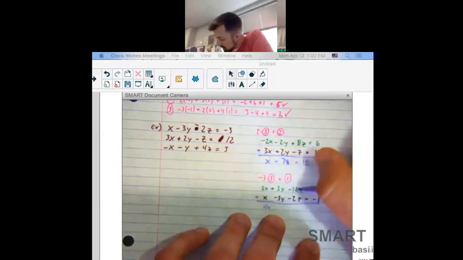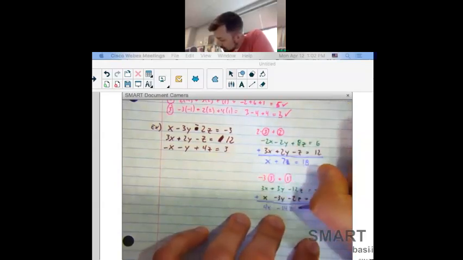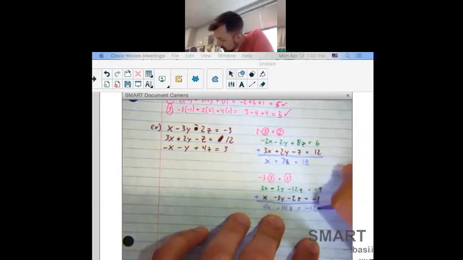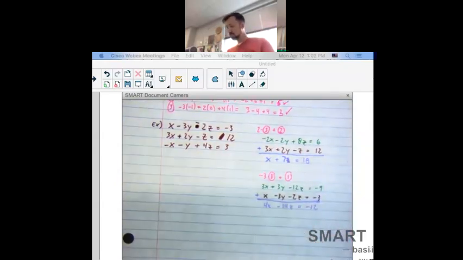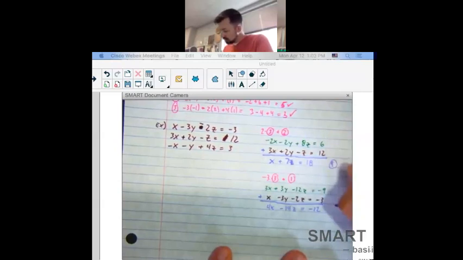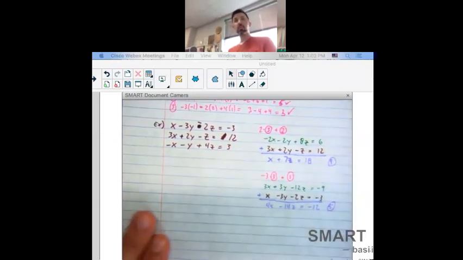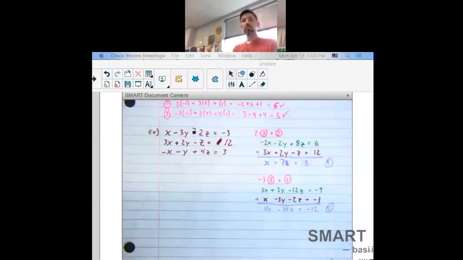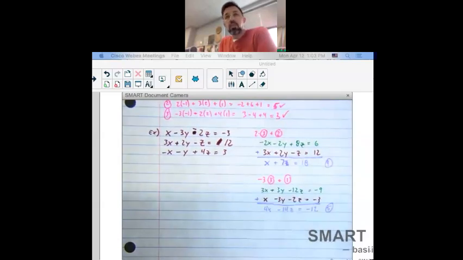Four x's, y's cancel, -14z's. That gives me -12. That's equation 4. That's equation 5. So I have 2 equations without y's. That's good.